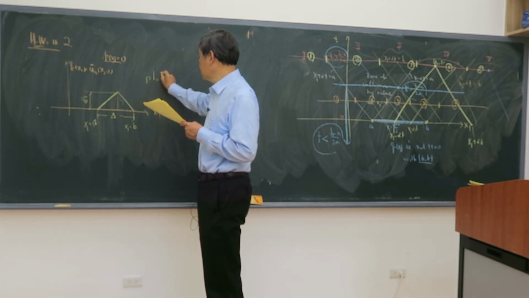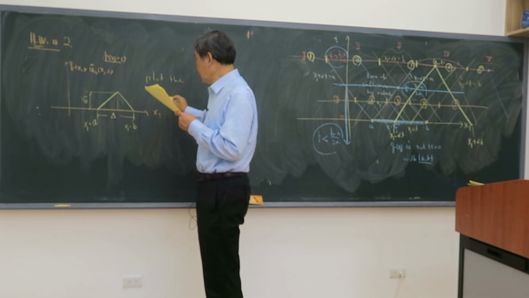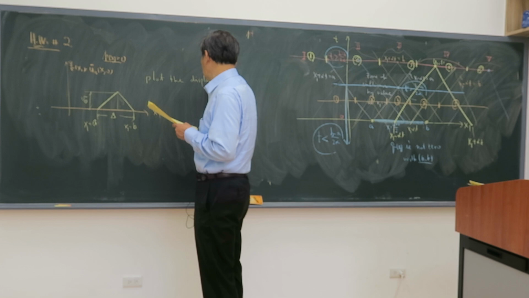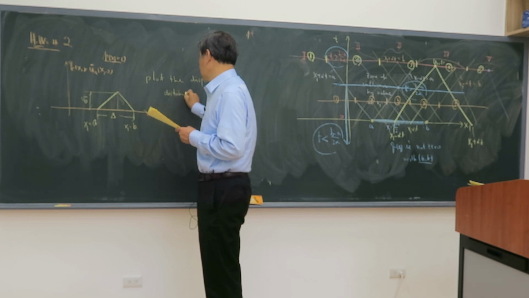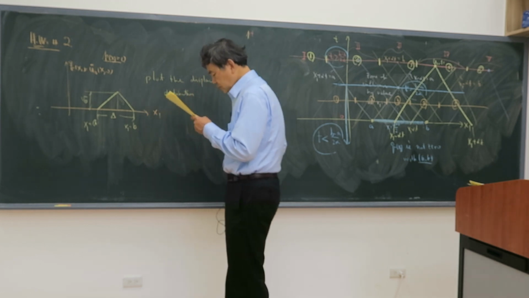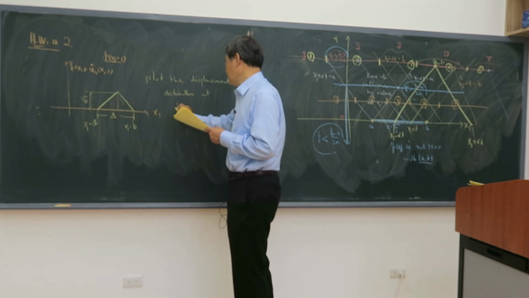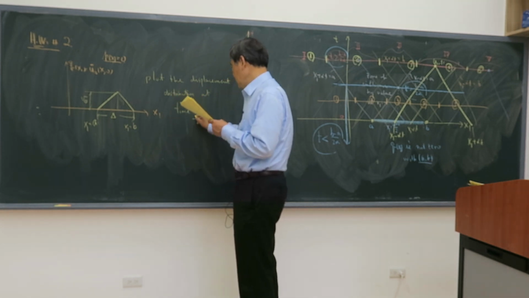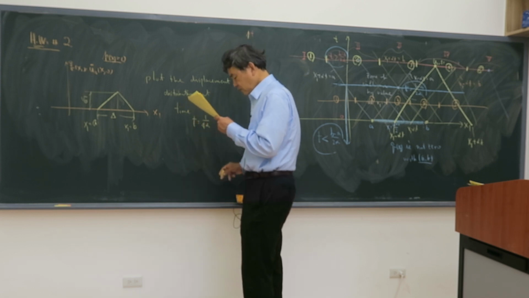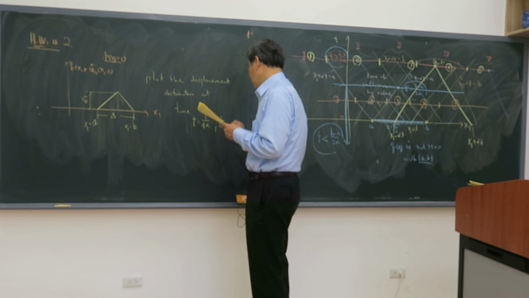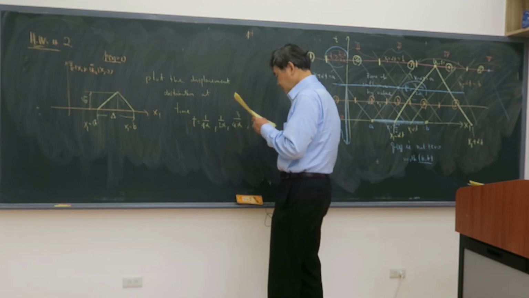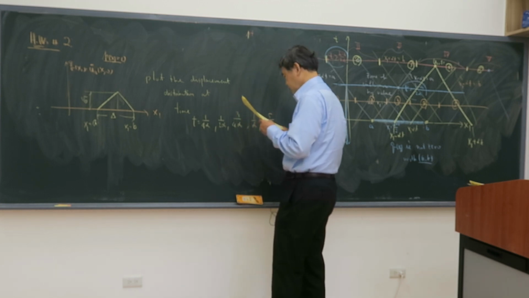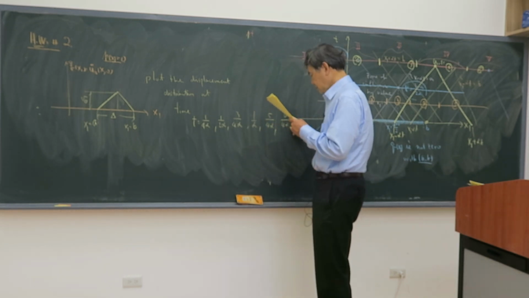Okay, so plot the displacement distribution at time t equal to 1/4 alpha, 4 alpha, 2 alpha, alpha, 1/alpha, okay.